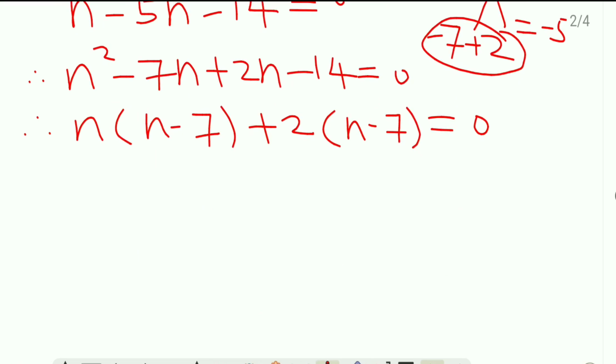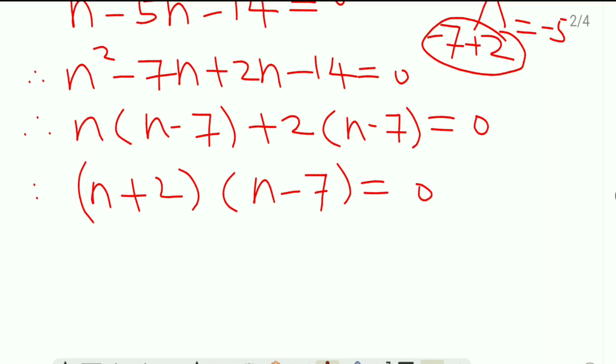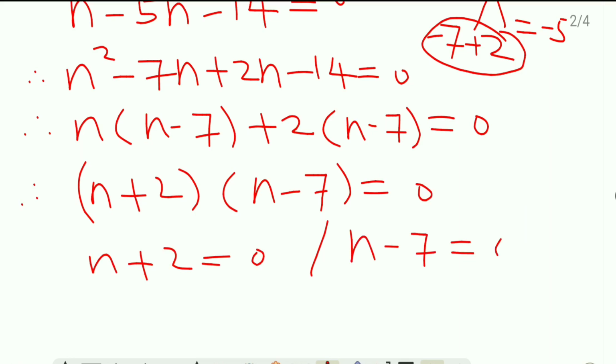And finally we are getting the factors as n plus 2 into n minus 7 which is equal to 0 here. So n plus 2 is equal to 0 or n minus 7 is equal to 0. So n is equal to minus 2 and here n is equal to 7.